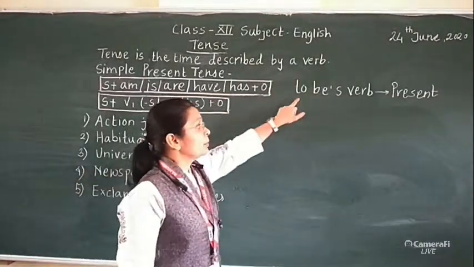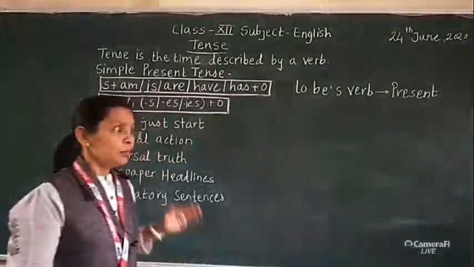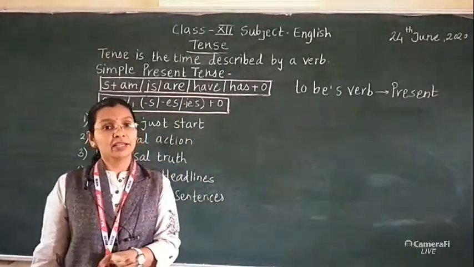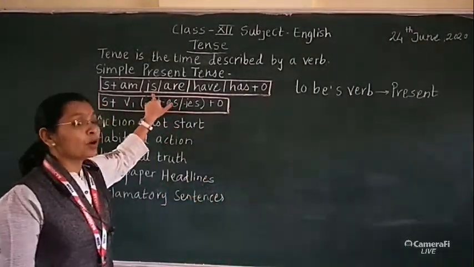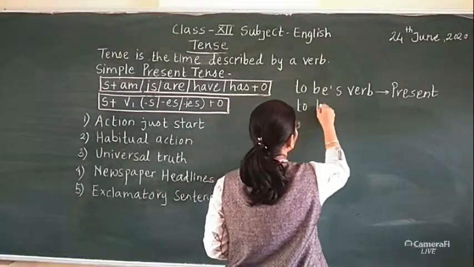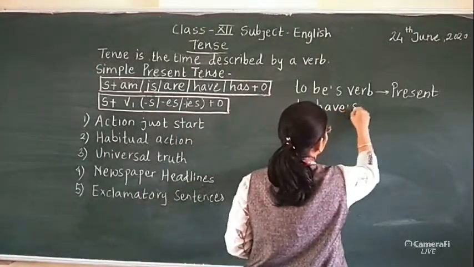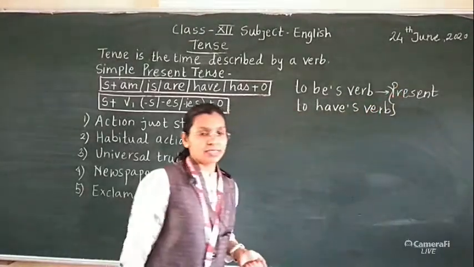My dear students, remember that this is very important in grammar, because in the next tenses we have to identify the tense with the help of the to be verbs as well as the to have verbs. And both of these show the present tense.